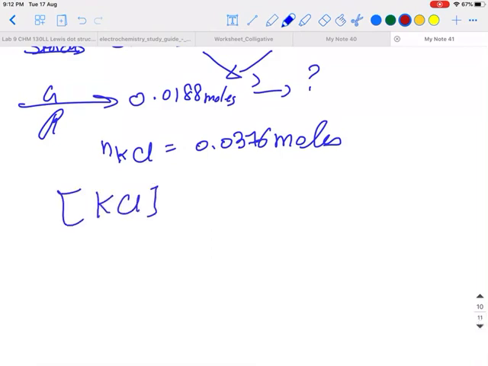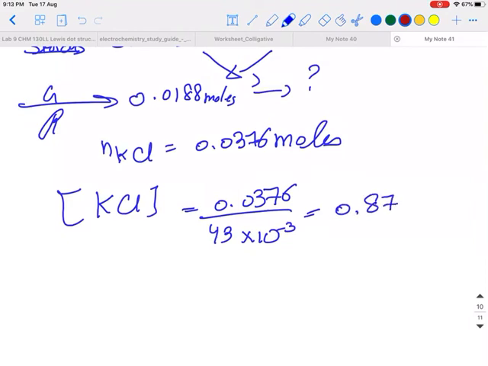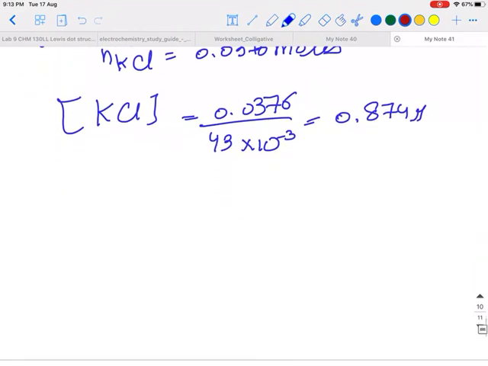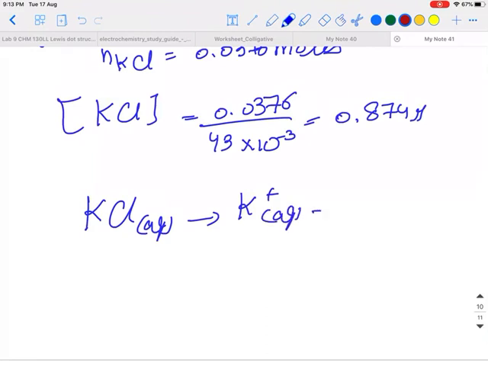0.0376 moles. Now let me find the concentration of KCl, which is 0.0376 divided by the volume times 10 negative 3 to change into liter, which is 0.874 molar. Again, KCl is a source of ions, as we said.